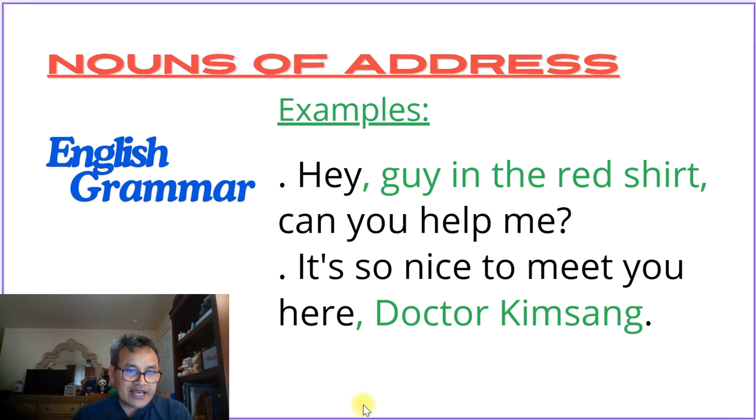And when we use it at the end of a sentence, we gotta separate it by a comma before the noun of address. So you can use any person, any group of persons as a noun of address when we are addressing them, or when we're talking to them, or trying to get his or her attention. That is the way we use nouns of address in English grammar.